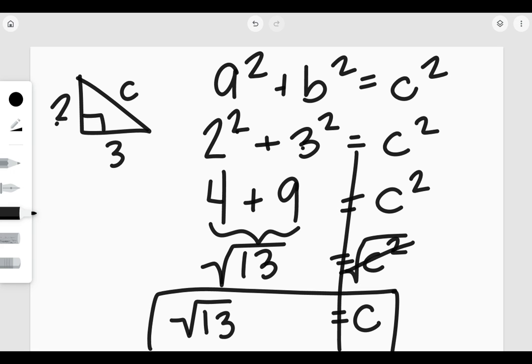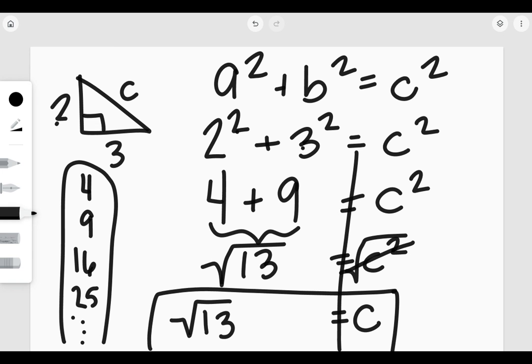Perfect squares are 4, that's 2 times 2, all right, 3 times 3 is 9, 4 times 4 is 16, 5 times 5 is 25, and so on and so forth. If your answer isn't one of these numbers, then I want you to leave it as the radical over your number, okay? So that means that c, its length is the square root of 13 units.